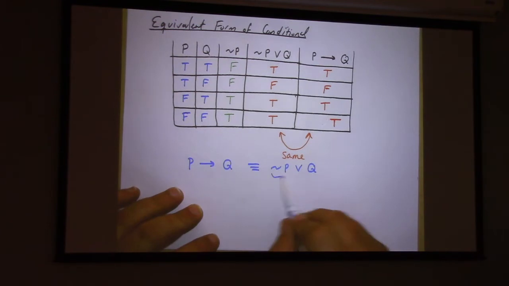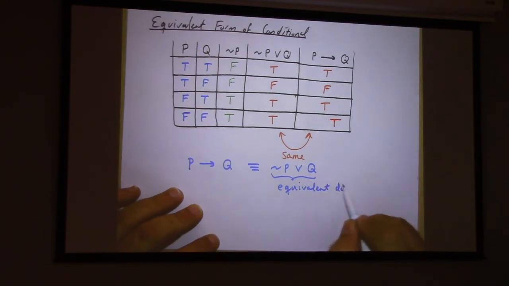Here's the thing logicians call it: the equivalent disjunctive form of the implication. Doesn't that sound fancy?